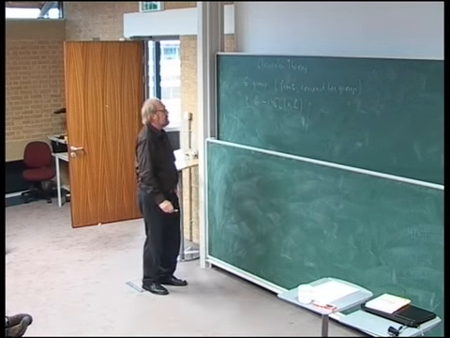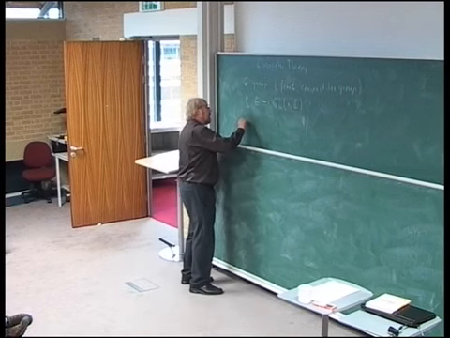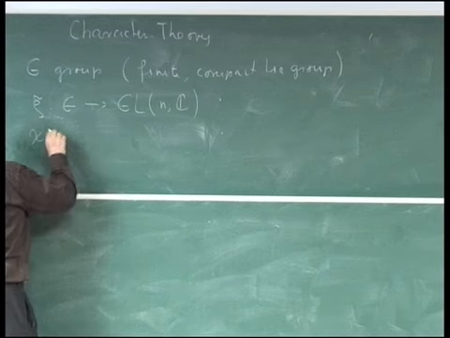So this is our representation, and the new feature is we write a chi of rho tilde.